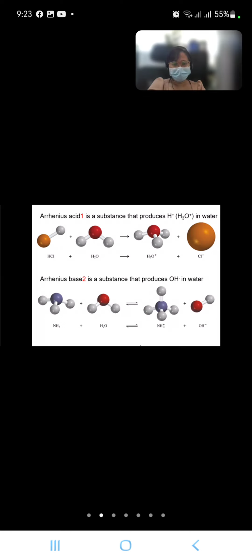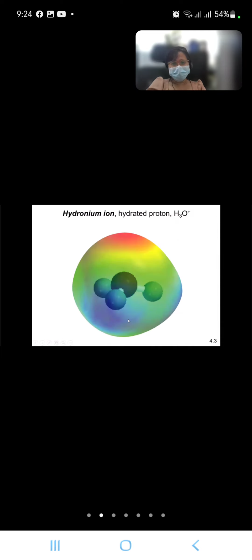So how was ammonium ion formed? It is because the hydrogen ion from water bonds with ammonia, forming ammonium ion. Okay, so this is the hydronium ion or hydrated proton. Water is H2O.